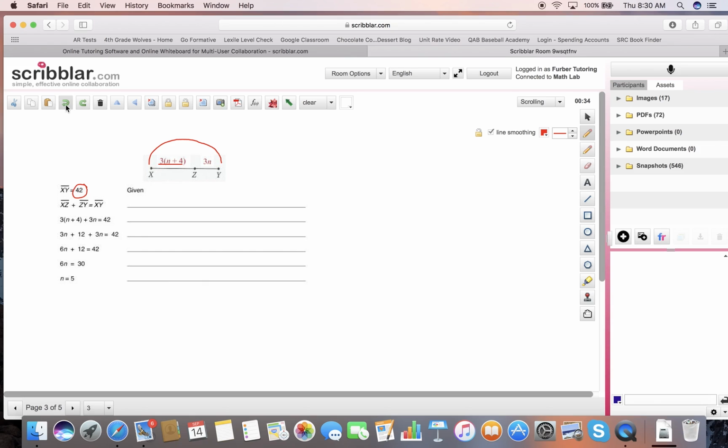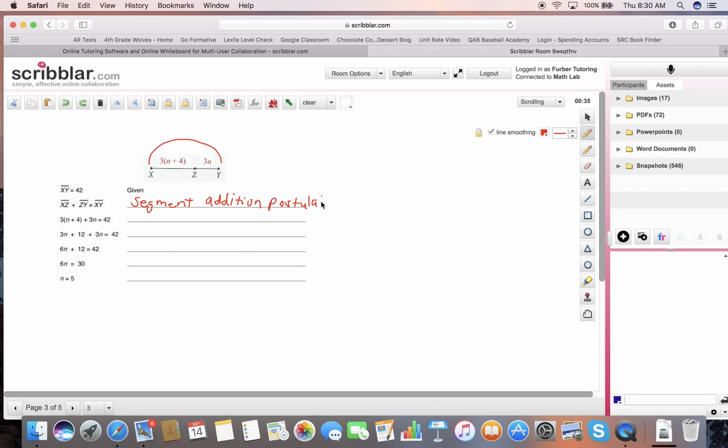Well, because the only way that I could find the value of n in this example is to add up the two smaller segments to equal the total. So segment XZ plus segment ZY is going to equal the length of the entire segment. And that is the definition of the segment addition postulate. So you would write segment addition postulate.